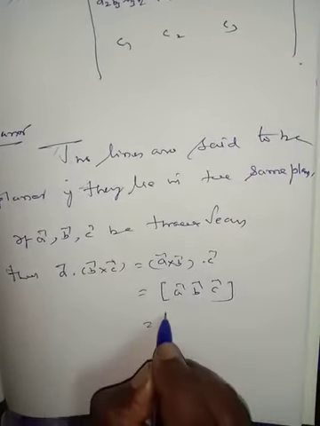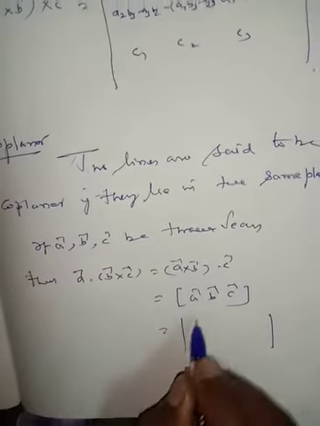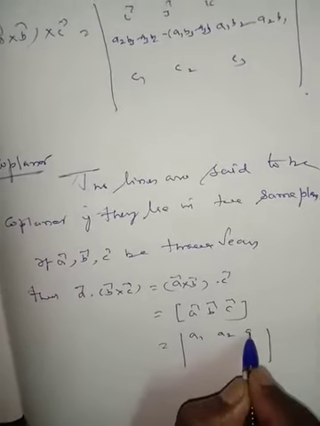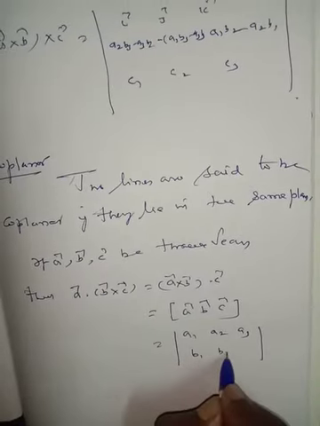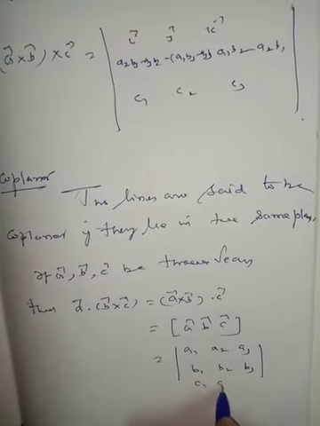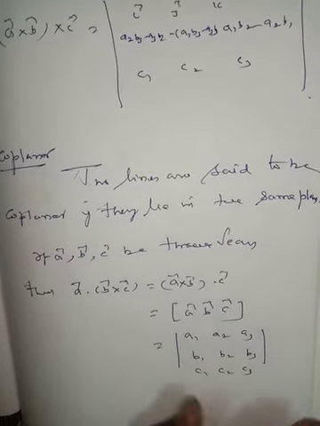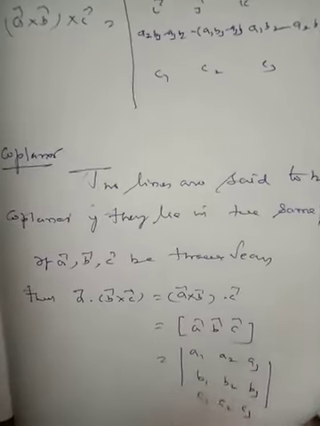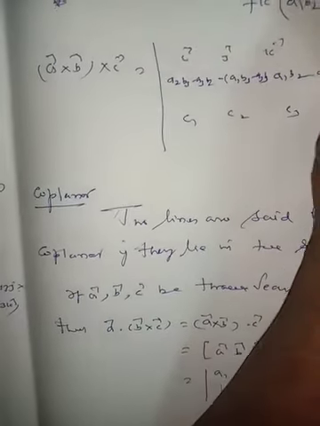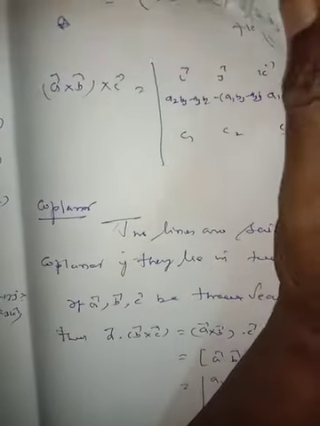This means a1, a2, a3, b1, b2, b3, c1, c2, c3. Expanding this, we get the box product of the three vectors a, b and c.